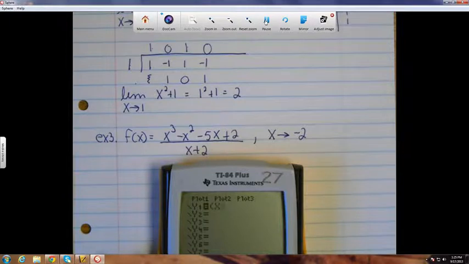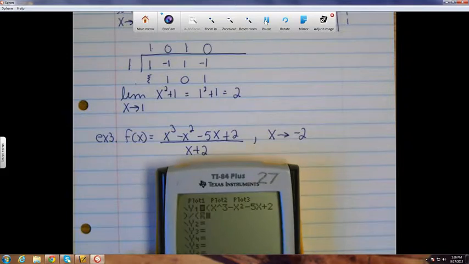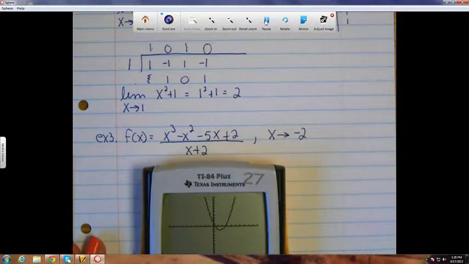X cubed minus x squared minus 5x plus 2 divided by x plus 2. Graph. Nice parabola again, but when x is negative 2, we've got that hole in the graph.